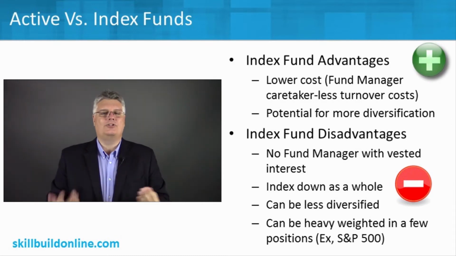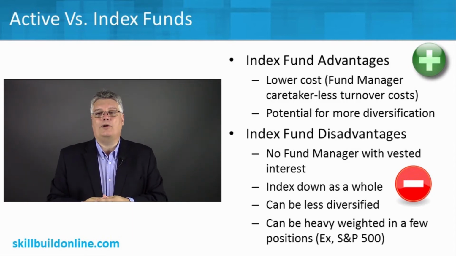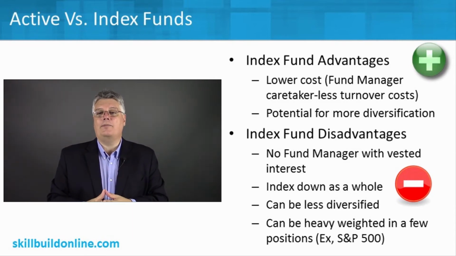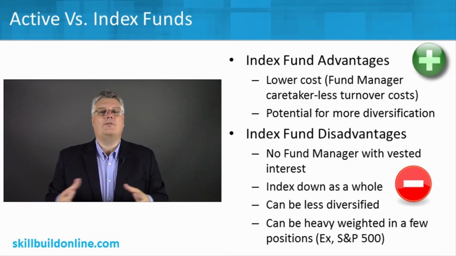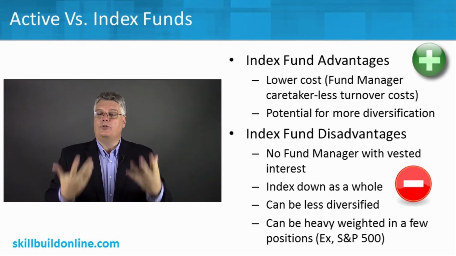In fact, there have been all sorts of studies about index funds, and they beat 80% or more of their actively managed peers, and even more so over a longer period of time, because they don't have all that stuff going on. So it's something to look at, particularly if you're looking for a low-cost fund, something safer, let's say, than a very actively managed fund. So those are some of the advantages.